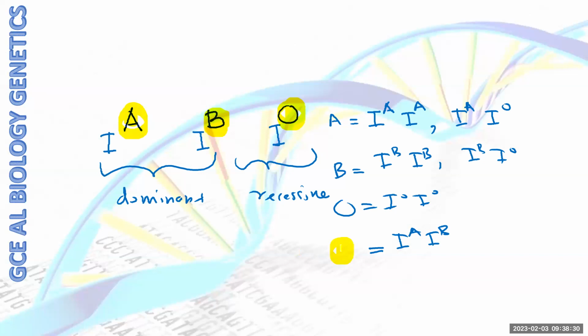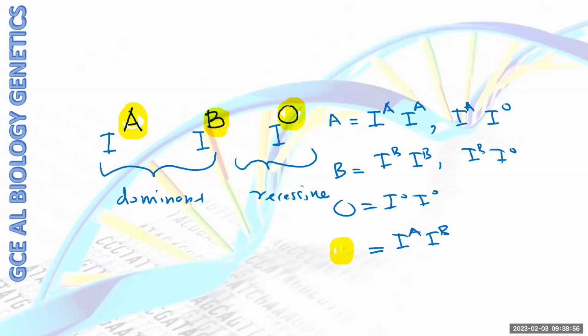Because we learned the dominant is expressed. Now we have a very special situation. Both are dominant. We can't say incomplete dominance, because incomplete dominance is dominant and recessive. It's like one is dominant, the other one is recessive.